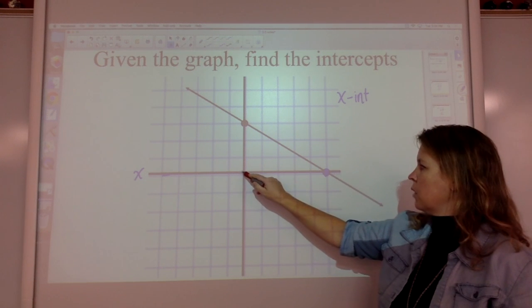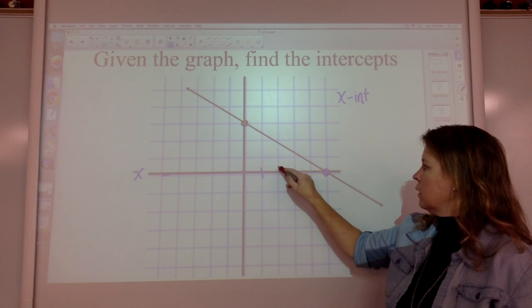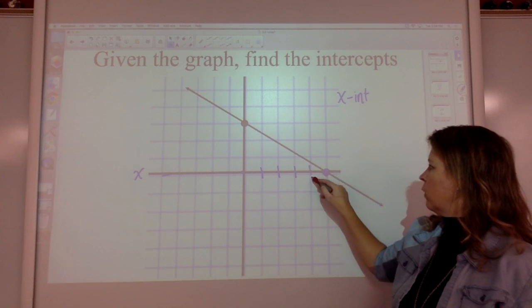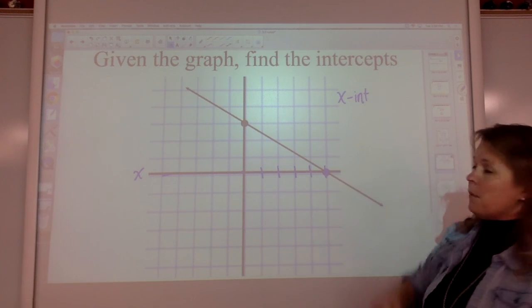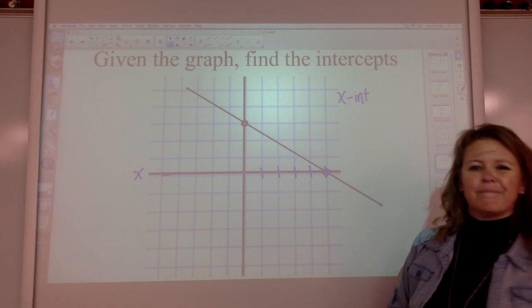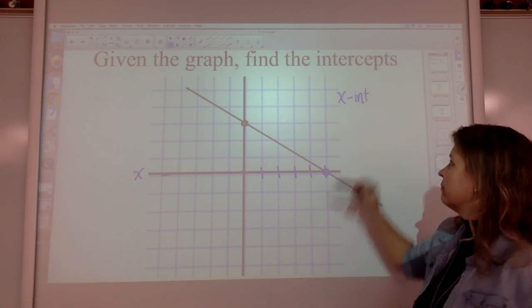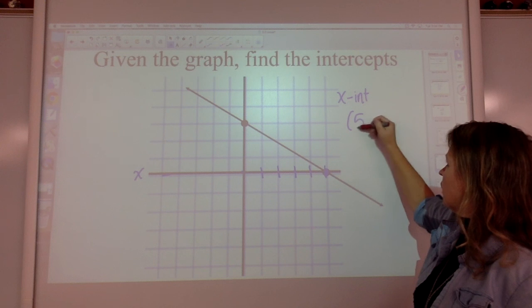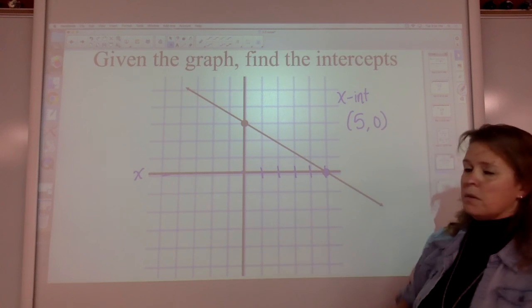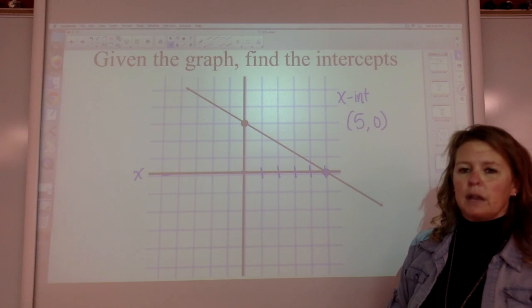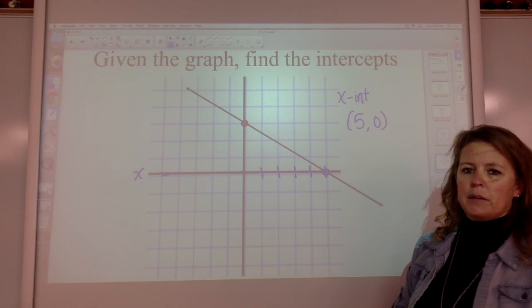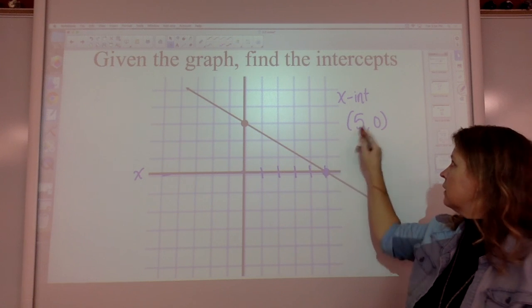Count it over from the origin from 1, 2, 3, 4, 5. If you tell me the x-intercept is 5, not really okay with that. I would prefer that you tell me the x-intercept is parentheses 5, comma, 0, because that's exactly where that point is on the graph.